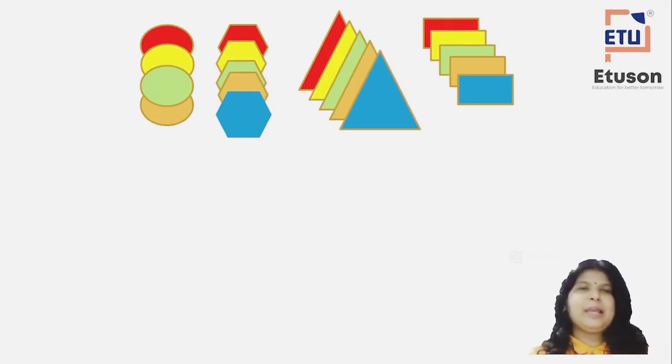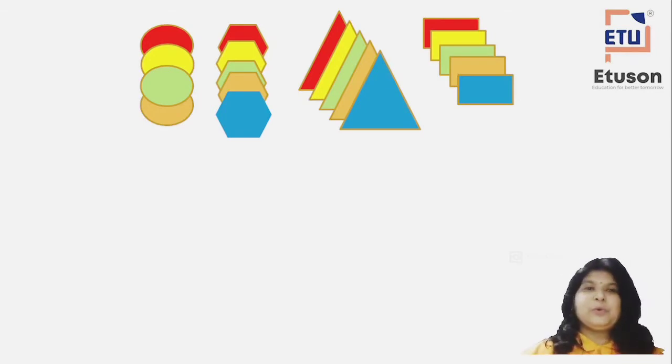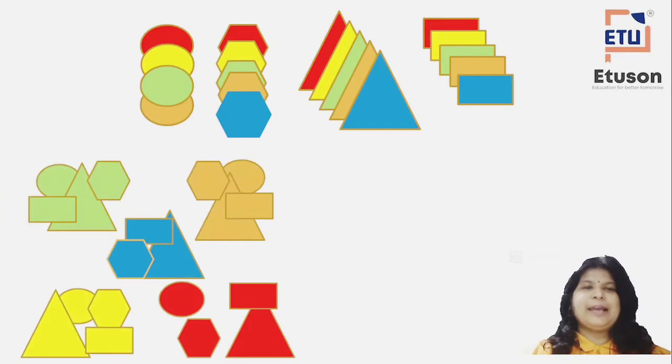Then easily you can tell that you have four ovals, you have five hexagons, you have five triangles, and you have five rectangles. Correct or not? Now, same thing when you arrange it in terms of color, it will look like this, right? So each color you have different shapes, right?